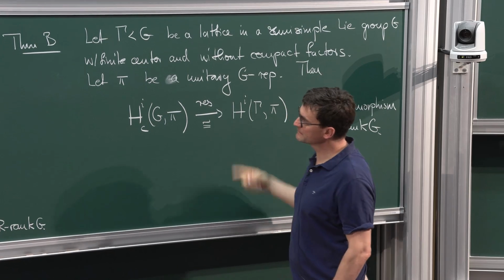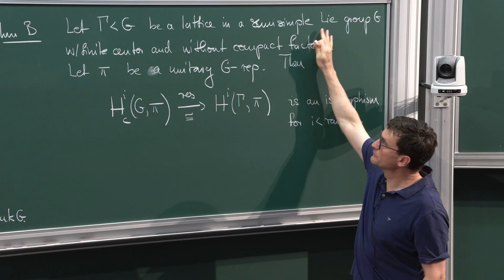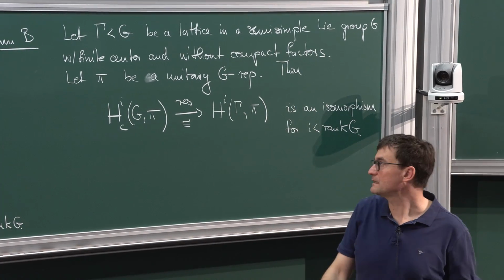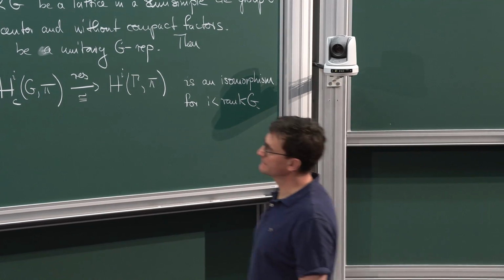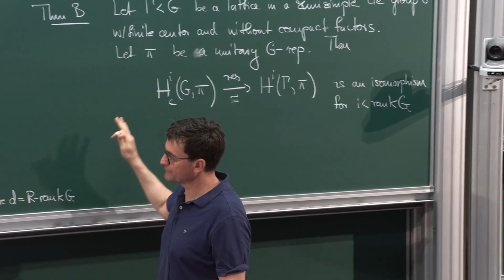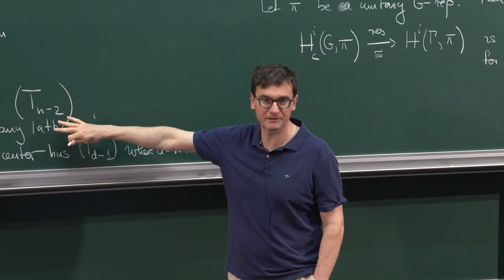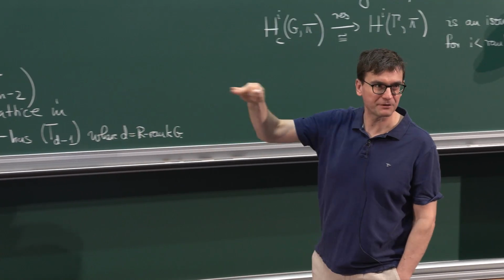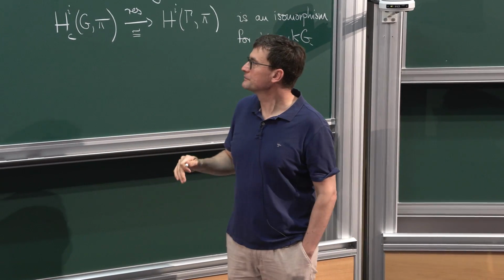All right, so this looks a bit different. Again, note there is no assumption on property T here. It's a very general statement. In the case of a simple Lie group, it can be easily computed from that theorem. It's maybe not obvious to you right now how to conclude it, but it can be easily concluded.